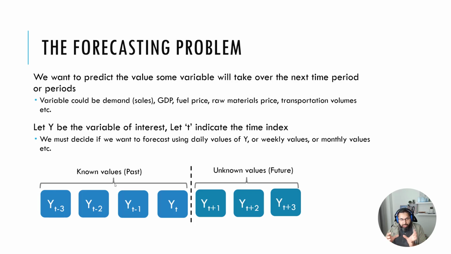And so the values over time are related, but they're not exactly the same. Each month brings its unique things. And it doesn't have to be monthly data. It could be daily data, could be hourly data, could be weekly data, could be data per minute, right? If YT refers to a minute, then T minus 1 is the minute before. So depending on what you're forecasting, the data could have different time scale.